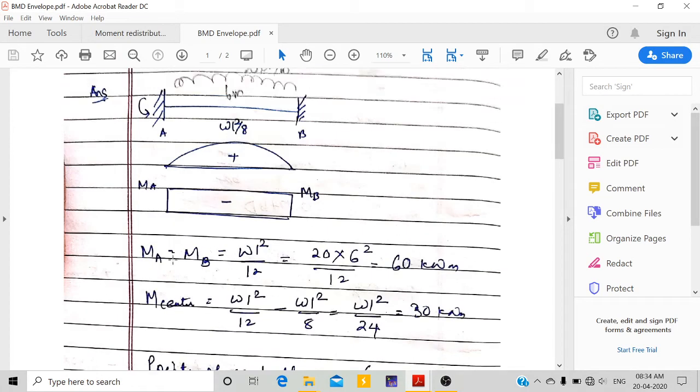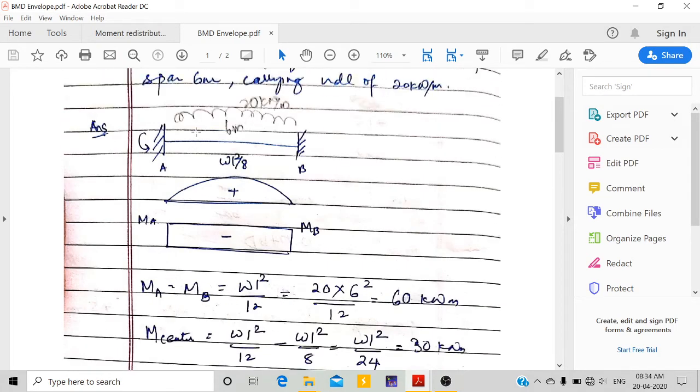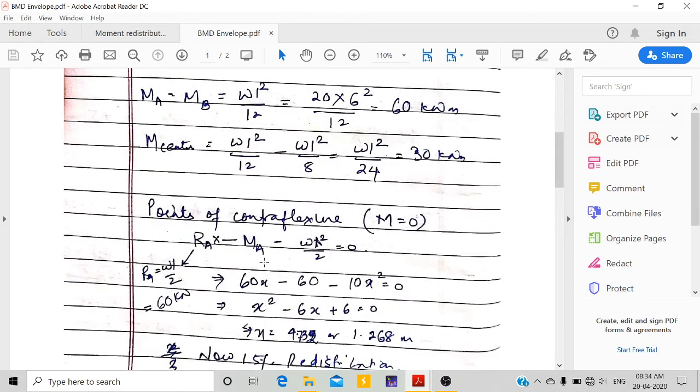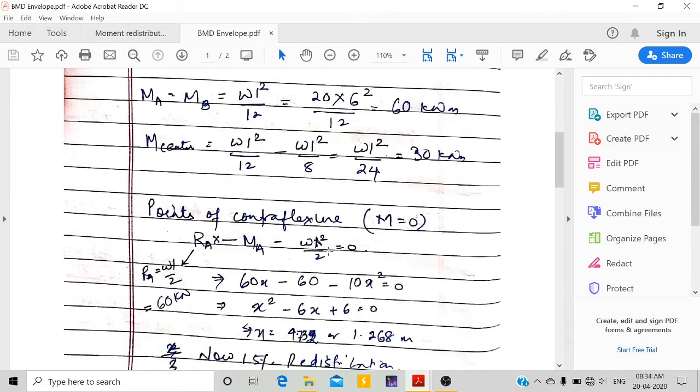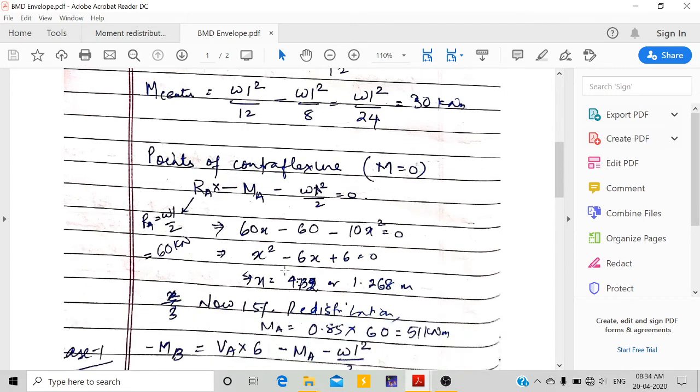So Ra into x, this is the reaction into x, where some distance x is the contraflexion point, minus the moment at A, minus Wx square by 2, where W is the UDL, that is 20, is equal to 0. Now reaction Ra I have taken as WL by 2. So 60 into x minus the moment about A which we have calculated, 60, minus 10 x square is equal to 0. We have got 4.732 and 1.268 meters.